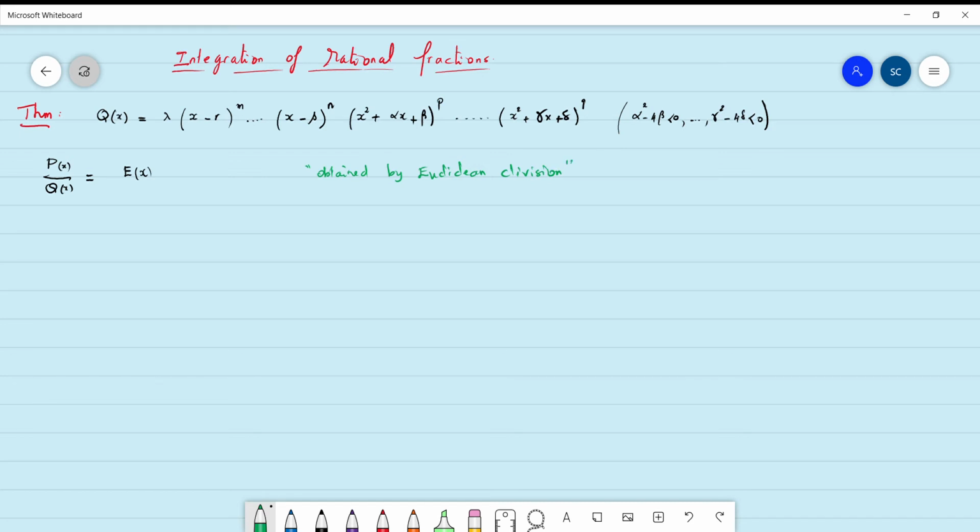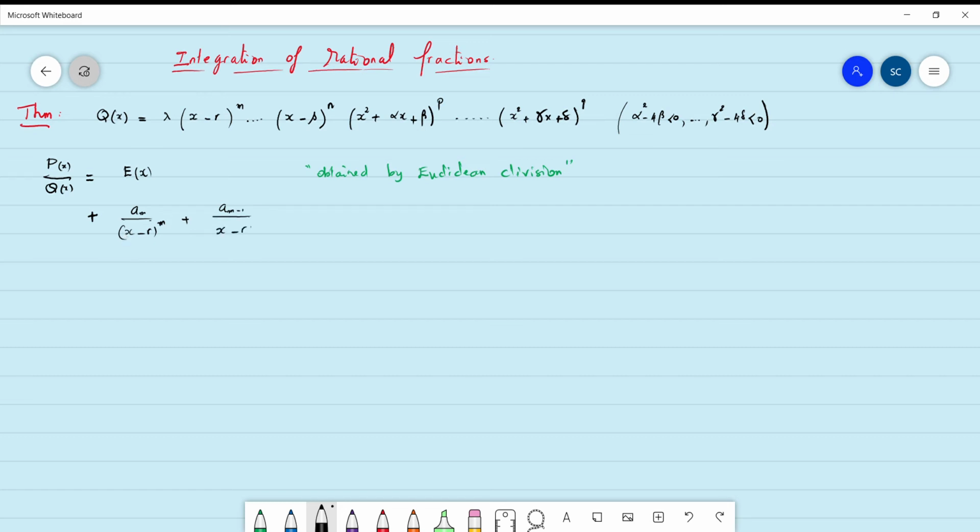Then the following terms, for the terms related to this factor in the denominator q of x, will be in the following shape. There will be a constant e_m over x minus r to the power m. There will then be another constant, e_(m-1), over x minus r to the power m minus 1.